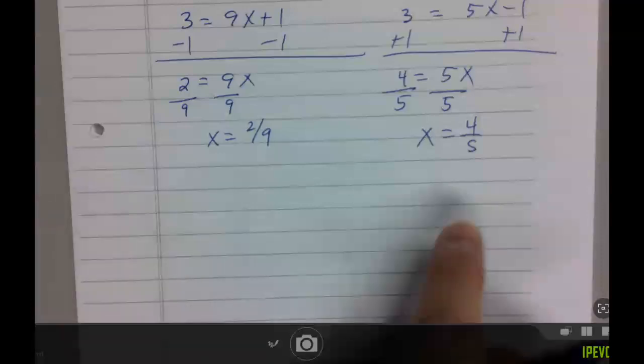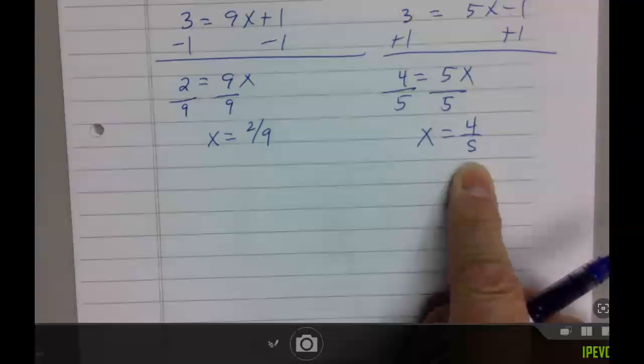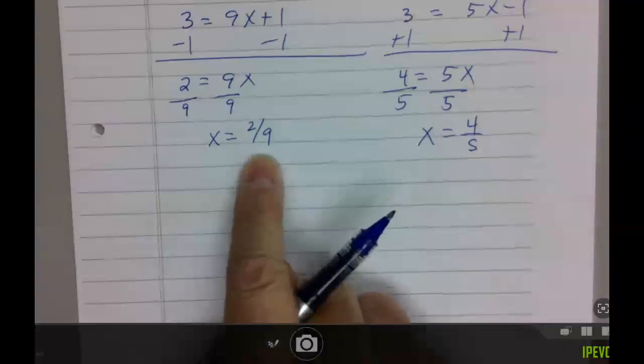Now, you can write that one there as a decimal, can't you? Because what's 4/5 equal to? 0.8. Agreed? This one here, you can't. You got to leave it as a fraction. I just leave them as fractions and not worry.